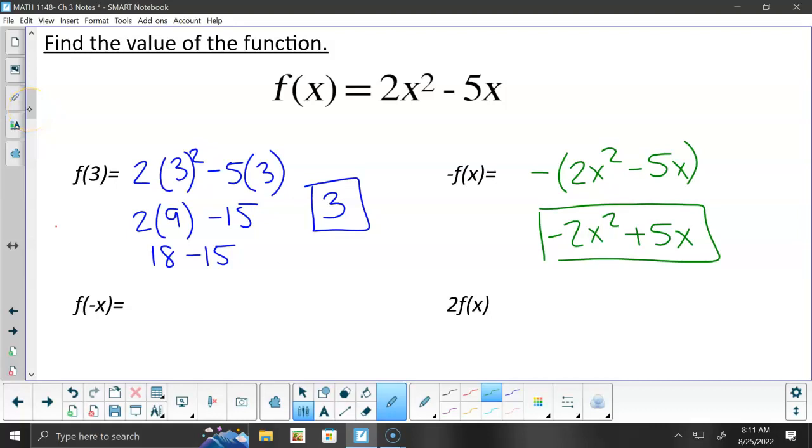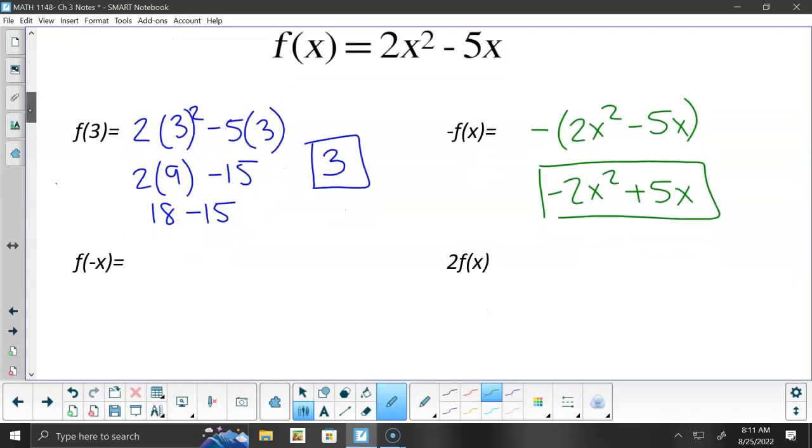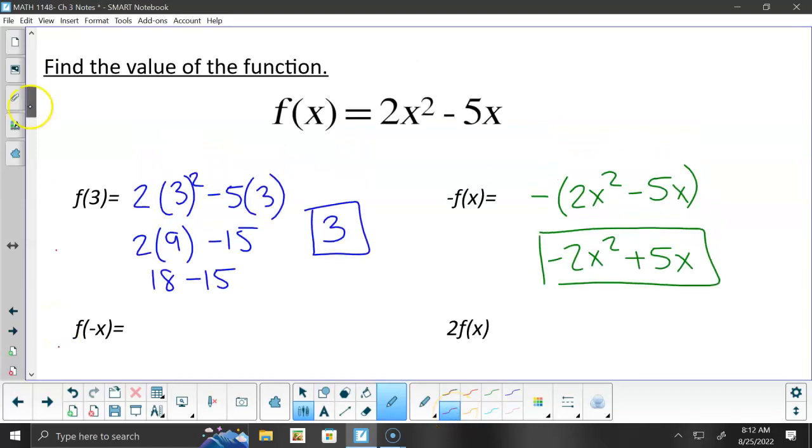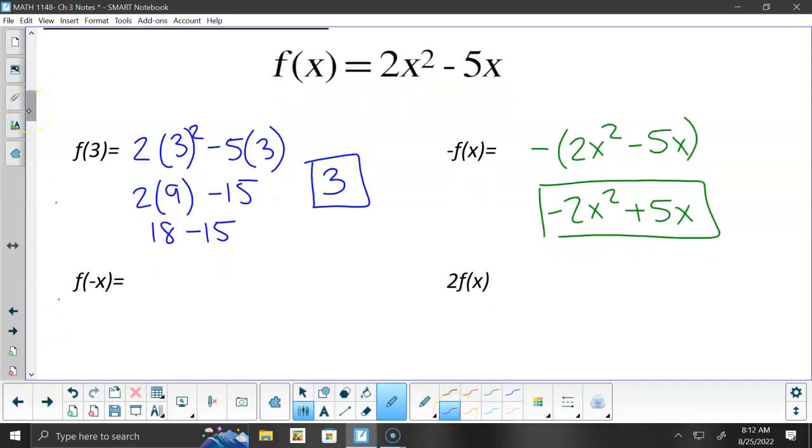What are we thinking for our next two? How about this one over here, lower left? F of negative x. What if we do when it was f of 3? Plug it in. This one you're doing the same thing.